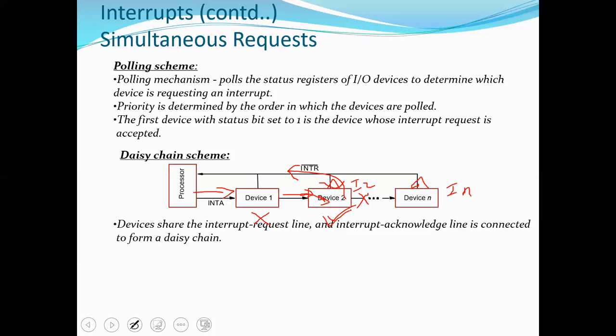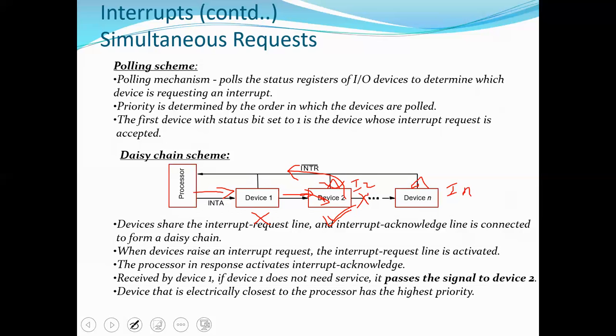Okay, this is daisy chain mechanism where all devices are connected in a single line. There is a single interrupt request line and single interrupt acknowledgement line. Fine. The acknowledgement line is connected from one device to the other device.